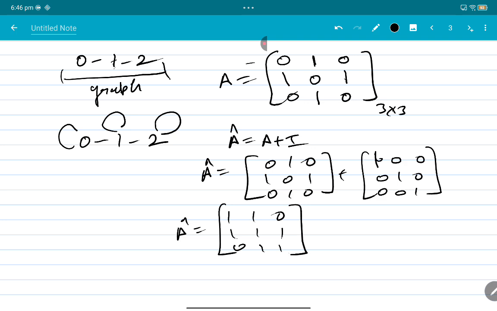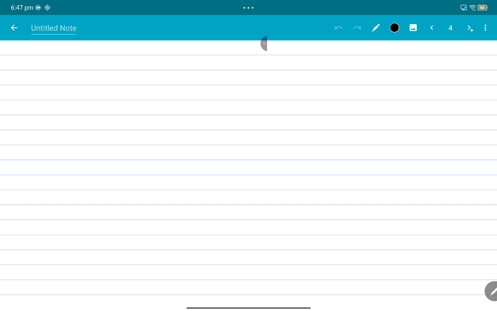Now each node is also connected with itself, and we have formed this redefined adjacency matrix, which tells us which node is connected to which other node. Once we have built this matrix, the next step is to create the degree matrix.